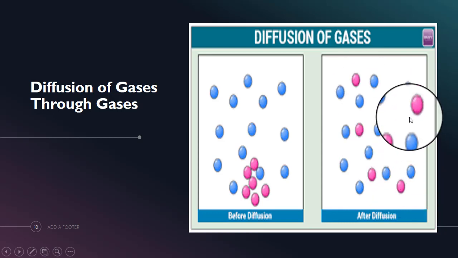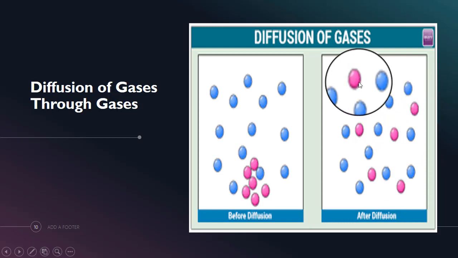It states that the rate of diffusion is inversely proportional to the square root of its molar mass at identical pressure and temperature. In other words, the smaller the mass of a gas, the more rapidly it will diffuse. So this was all about the diffusion of gases through gases.